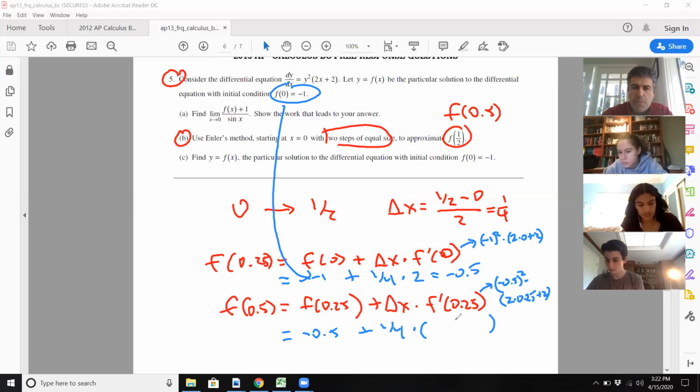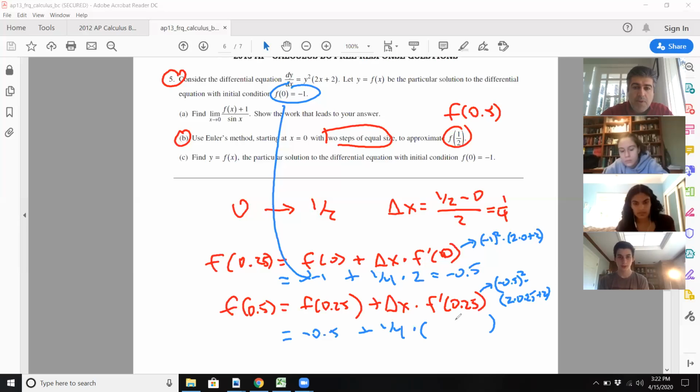So when you do the first part, f of 0, of course, is -1 because they tell you that's an initial condition. Our delta x is going to be 1/4. Remember, we did two steps of equal size. We went from 0 to 1/2, so you're doing 1/4 as the change in x values.